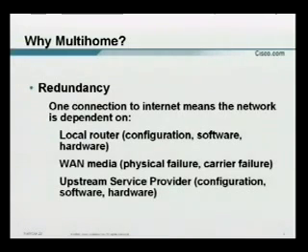So it could be physical failure, could be carrier failure, something going wrong in the upstream network, something going wrong in the actual physical network connecting you to your upstream service provider, cables being dug up, cables being broken, all kinds of things like that. And it could also be dependent on your upstream service provider. So their configuration, their software, their hardware, network outages, maintenance, all this type of thing.